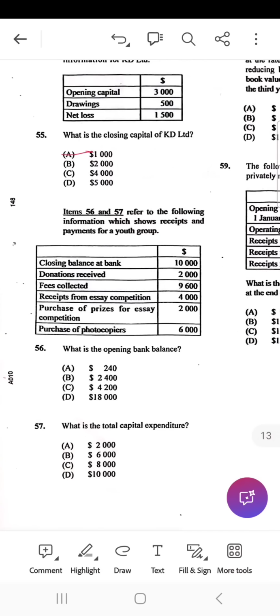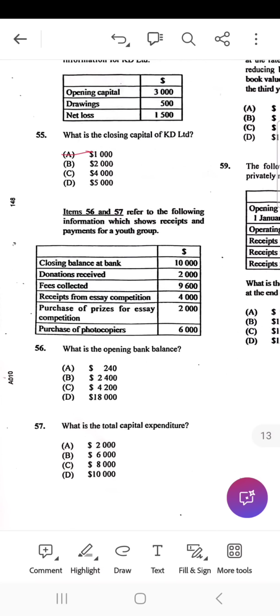Number 56 and 57 refer to the following information, which shows the receipts and payments for a youth group. What is the opening bank balance? Because they gave us our closing balance and some transactions, I'm going to add all the money we received and subtract all the money we paid.